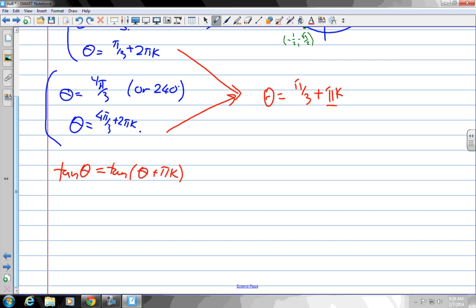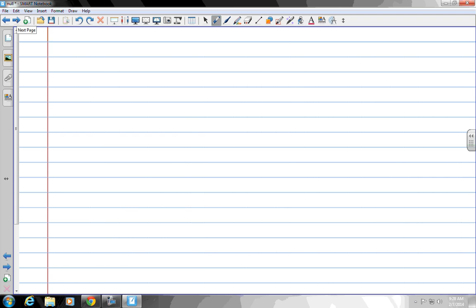Okay. Let's do another, maybe fun, one. How about the example secant theta equals negative 2 square roots of 3 over 3? Oh, I'm totally full of it.